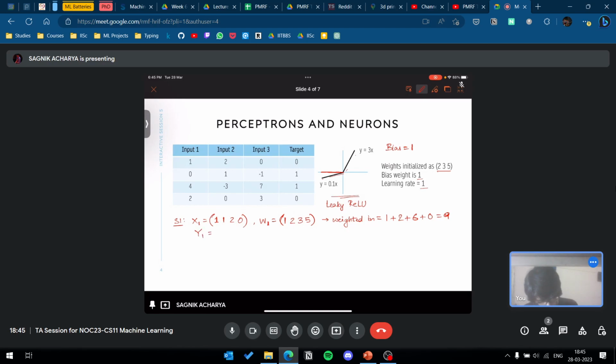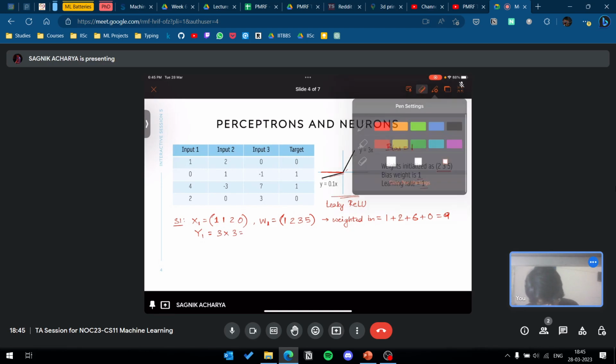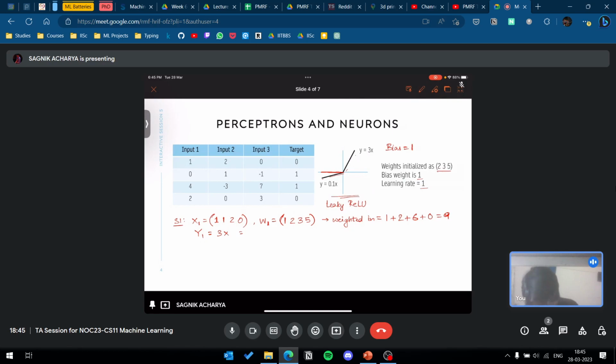So y1 is equal to 3 into 9, which is equal to 27, right? So my y1 is 27. My target value here, as you can see, for the first example is equal to 0. So t1 is equal to 0. This implies that t1 minus y1 is equal to minus 27, right?